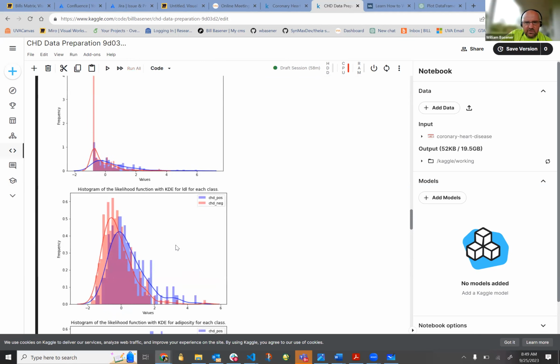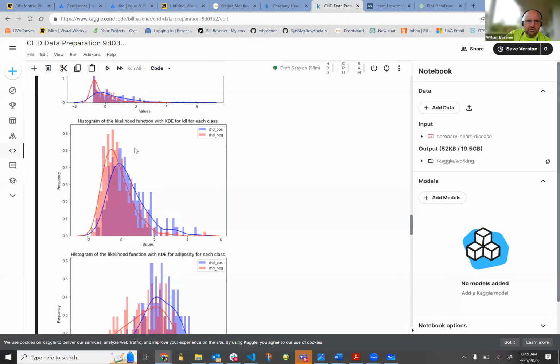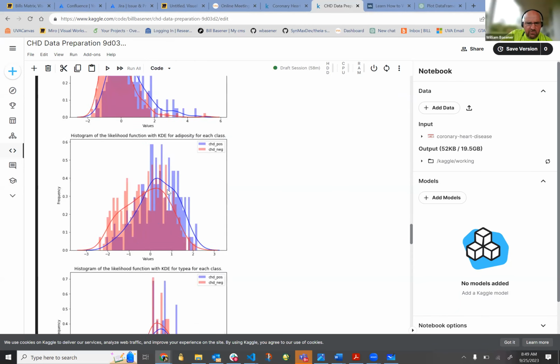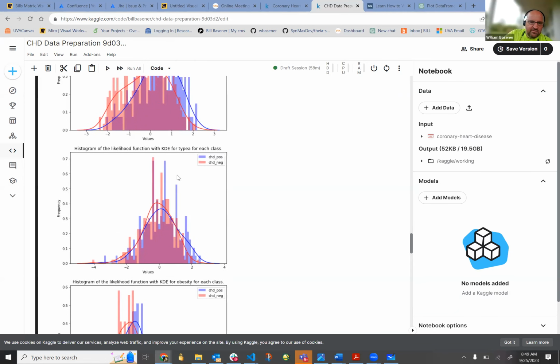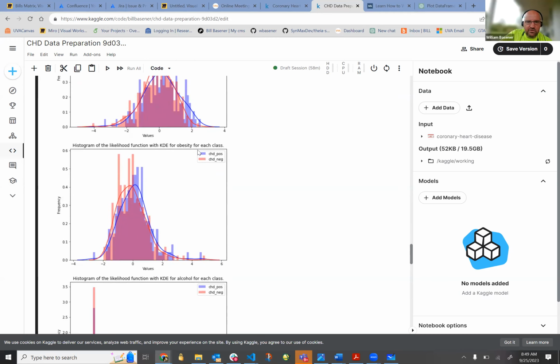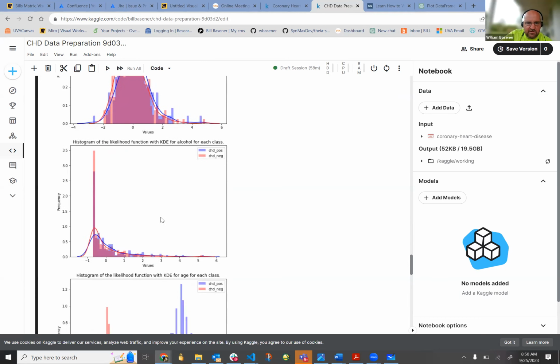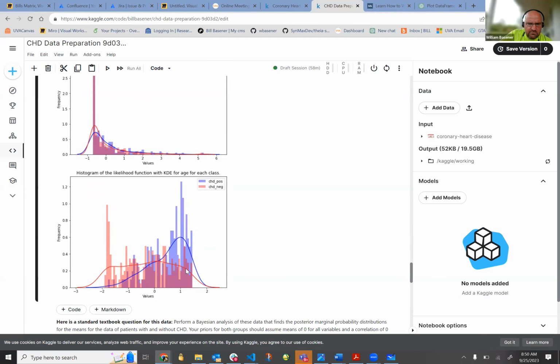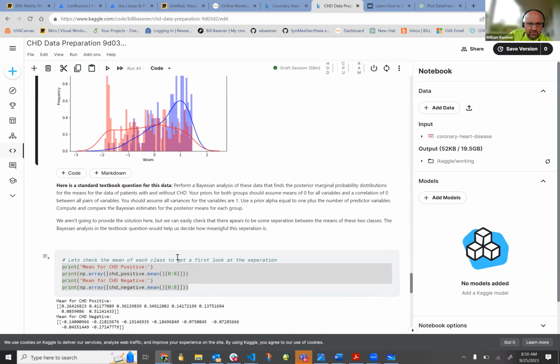So I'll leave you to look at those and think them through. The one that interests me is the alcohol, right? The interesting thing is these are just taking each variable by itself, right? This one, obesity, that's a kind of cool separation because it's the same shape and it's easy to understand. Ooh, what was this for age? Remember we saw age was a big distinction, and that's really interesting.